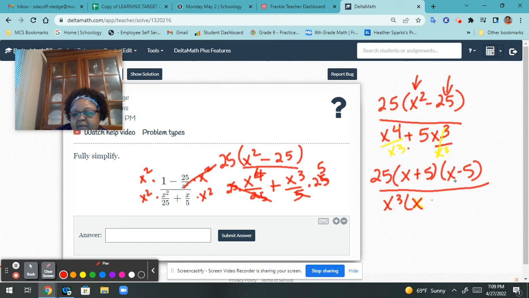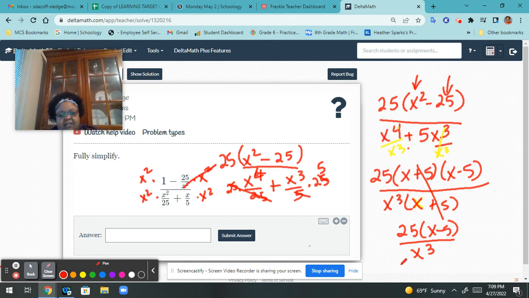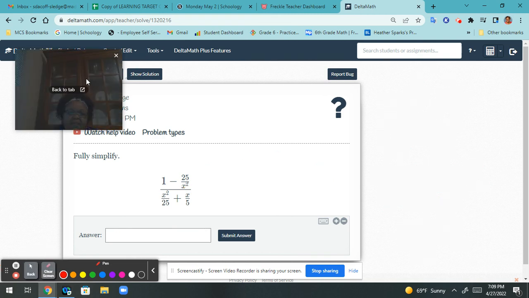And then this leaves me with a 5. Now, these cancel out. So I end up with 25 times x minus 5 over x cubed. You do not have to multiply that out. You can leave it like that. Okay? So that's what it means to fully simplify something.